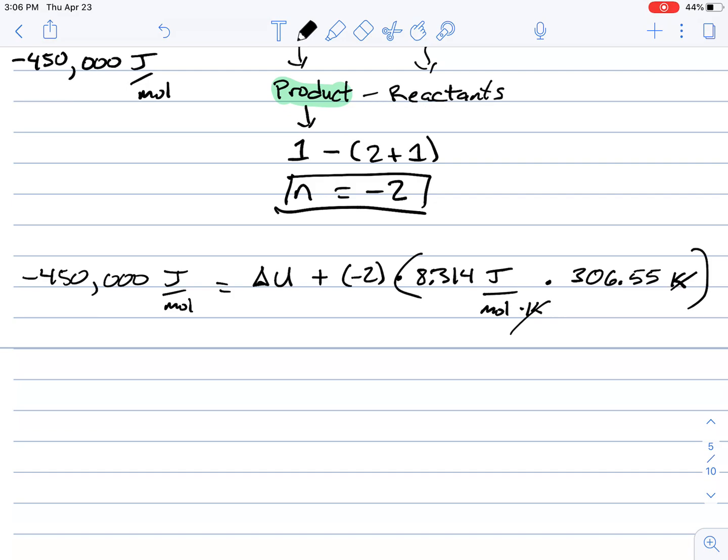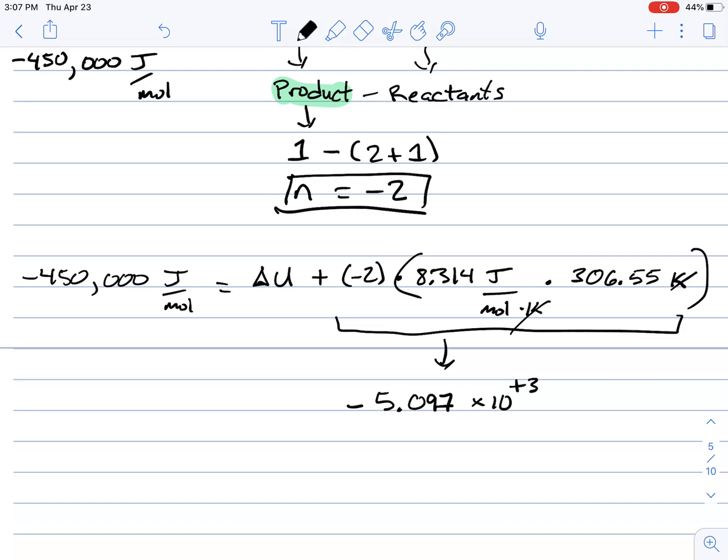So I'm going to take this value and multiply it by 8.314 times negative 2. And so this whole term will simplify down to negative 5. Let's do 4 sig figs: negative 5.097 times 10 to the positive 3.